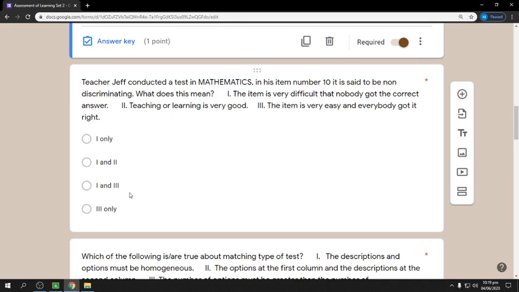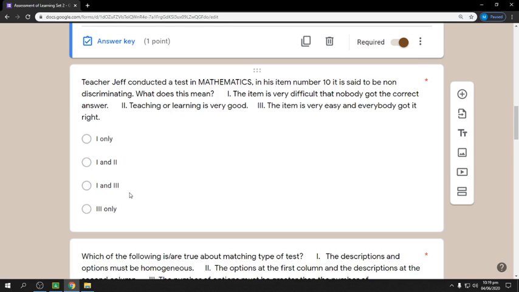Now if it says non-discriminating, let's just use basic logic here. If the purpose of the discrimination index is to differentiate, then non-discriminating means you cannot differentiate, correct? So if you cannot differentiate, what could be the possible situation?